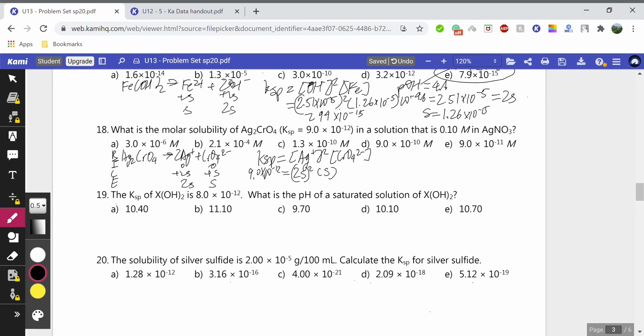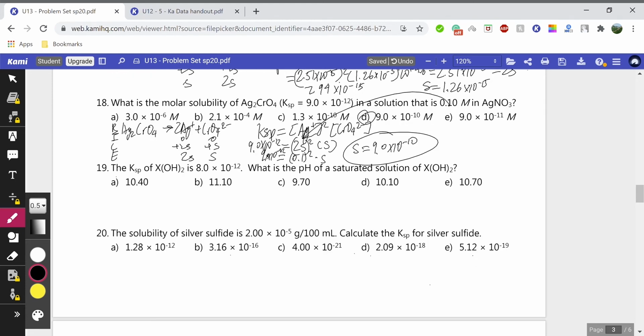So we can use this 0.1 over here and plug it into our Ag. So it's going to be 0.1 squared instead of 2s squared. So 9.0 times 10 to the negative 12 is equal to 0.1 squared times s, and our s will be the molar solubility. So 9.0 e to the negative 12 divided by 0.1 squared is equal to 9.0 times 10 to the negative 10th. S is equal to 9.0 times 10 to the negative 10th, and that is our answer D.